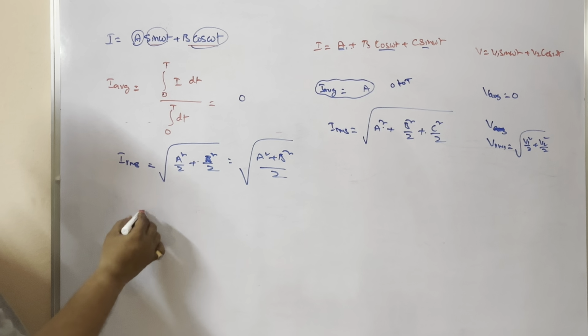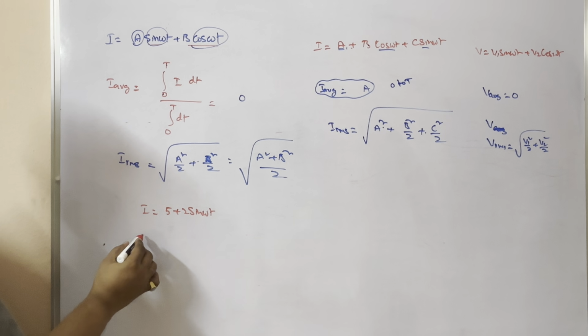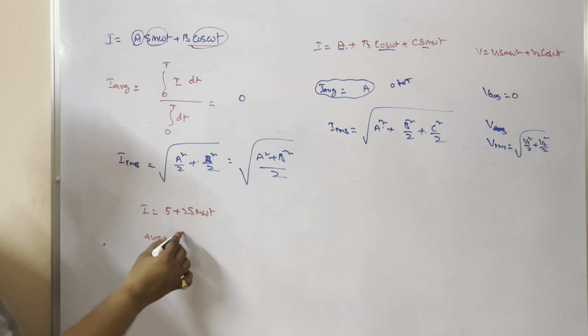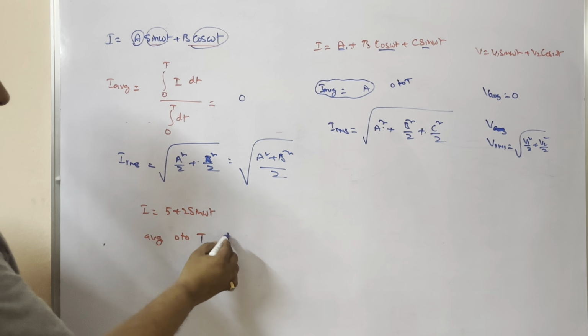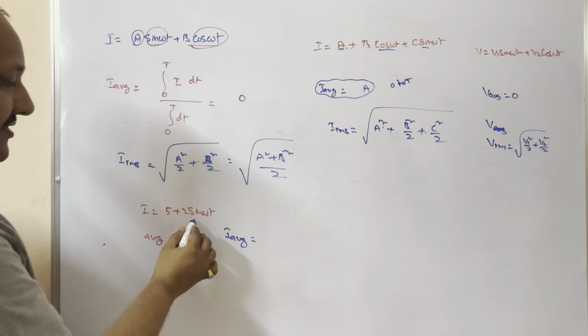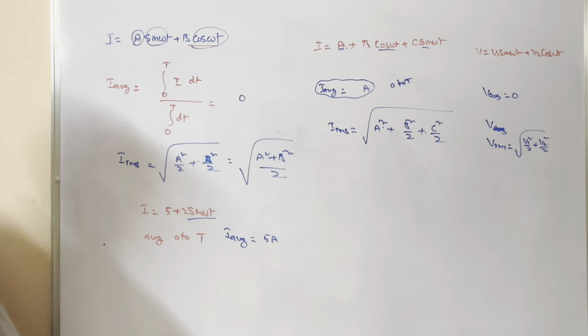Now take I is equal to 5 plus 2 sin omega t. What is the average value between 0 to T, they asked. The I average is going to be, this sine term is going to become 0, so the answer is going to be 5 amperes.